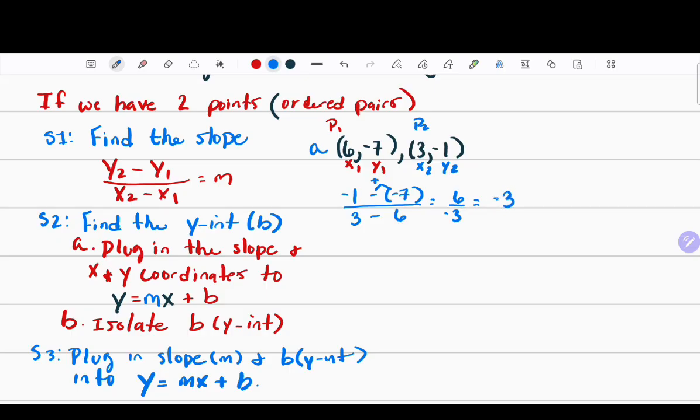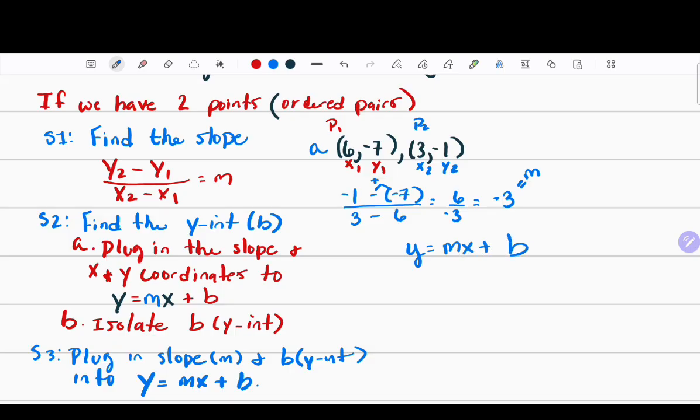Our slope is -2. That is our m. All right, so we got a slope now. The next thing we do is find the y-intercept. Now, we use that slope that we just got and one of these points. Any one will work.